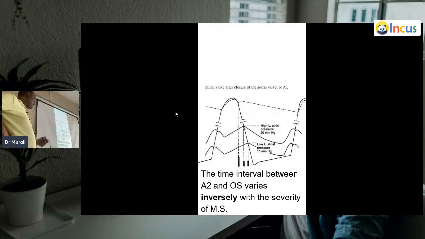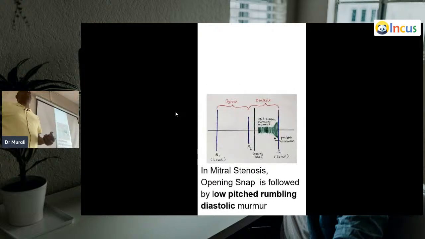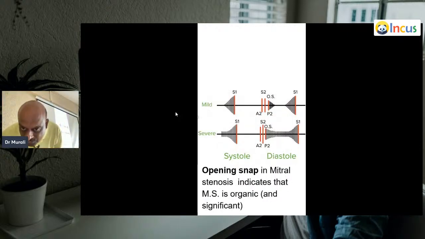What is it? Mitral stenosis. It is a low-pitched rumbling diastolic murmur, is what you need to remember. Then what's the importance of the opening snap?